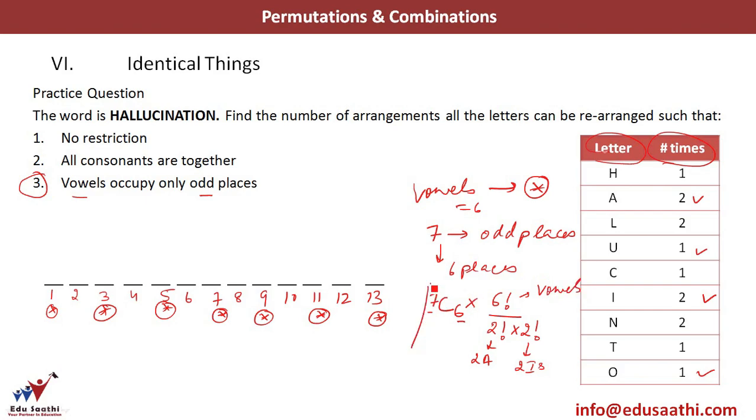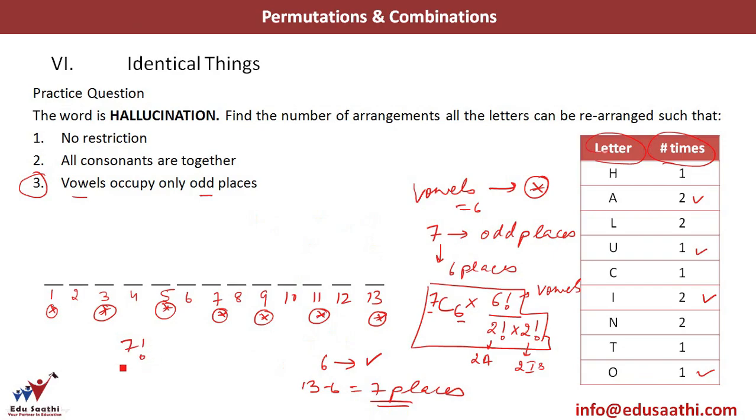So up till now, through this formula, I have chosen the places in which vowels will be placed, and I've also arranged them. So 6 places are already done with. Now we have 13 minus 6, 7 places. In these 7 places the consonants will figure out. So in how many ways can consonants be arranged?